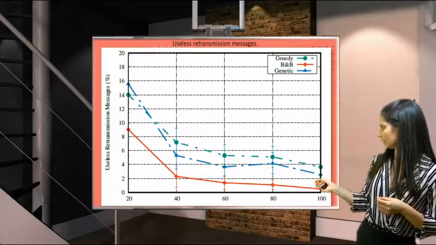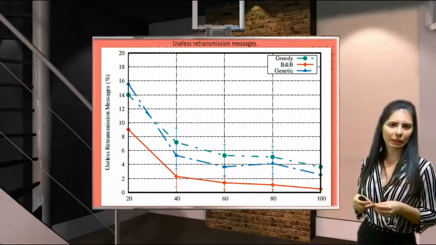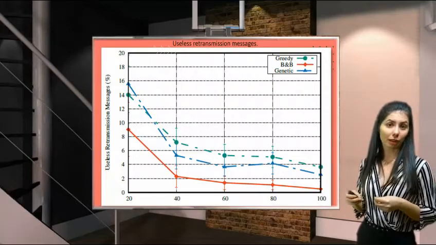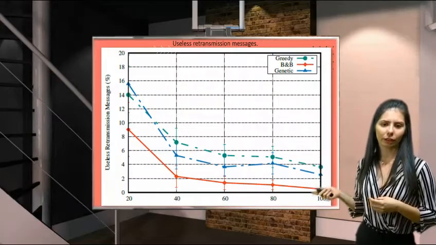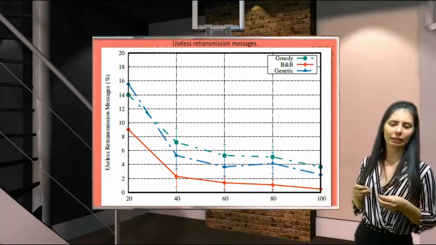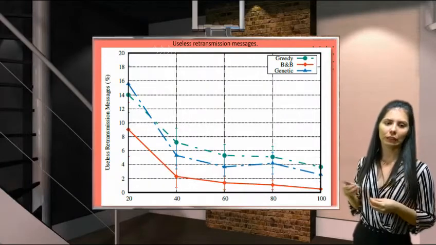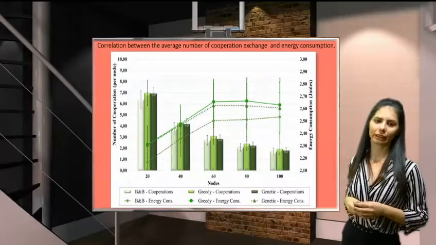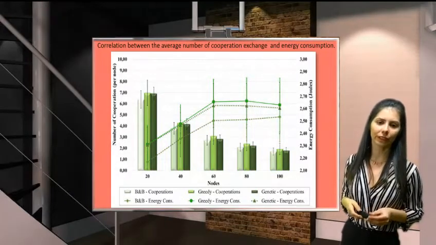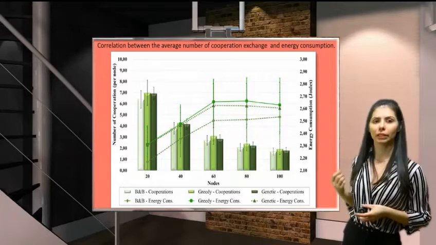You can see that in the scenario with 100 nodes, the percentage of duplicated messages was near 0. And both the genetic and the greedy algorithms selected unnecessary relay nodes, which resulted in duplicated retransmission messages.